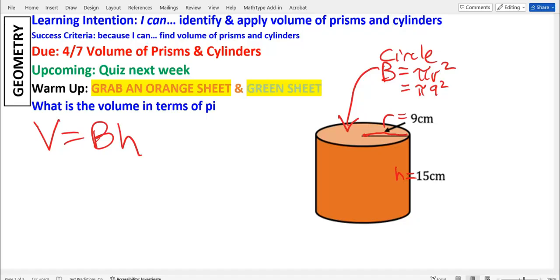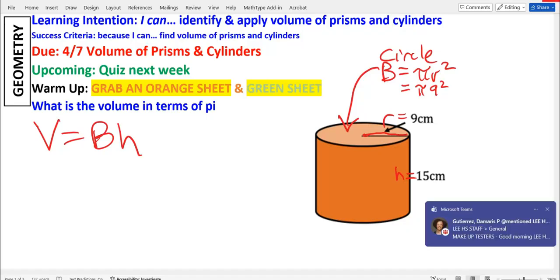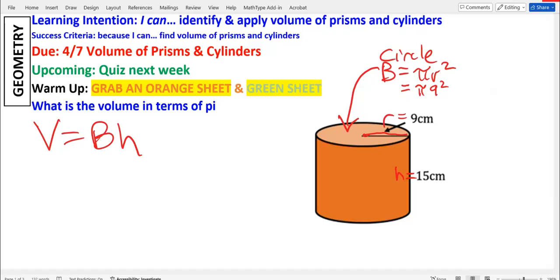Now, pi 9 squared, when we're doing this in terms of pi, we are not going to type in the pi. Were y'all here for the orange activity we did? So again, we're not going to type the pi. We are going to write the pi.